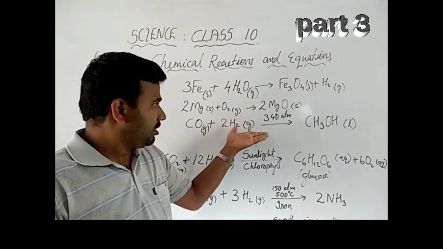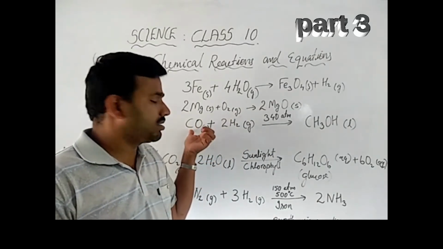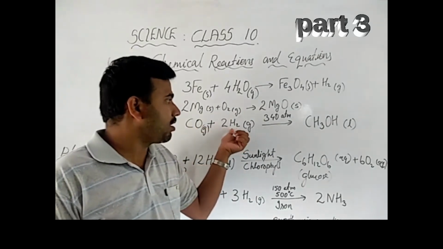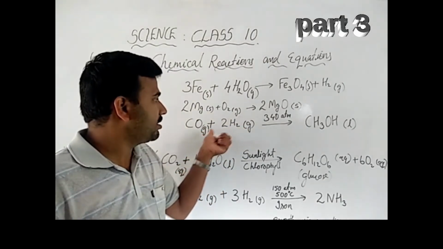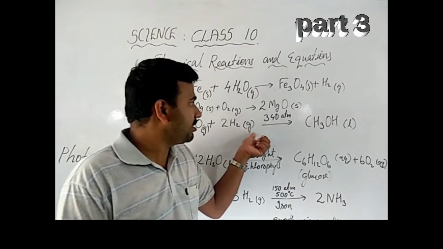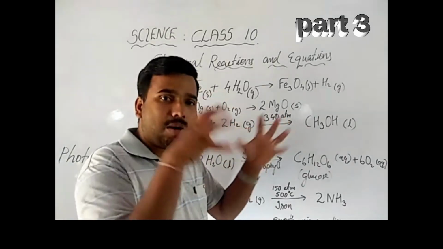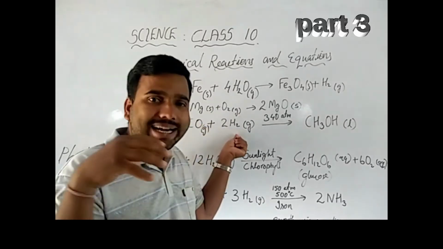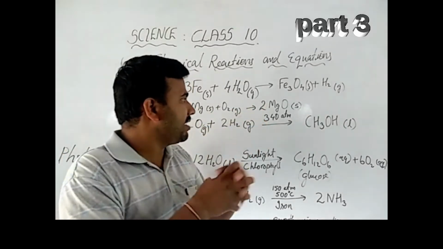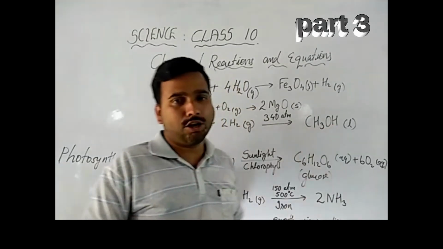Then another equation, carbon monoxide. Carbon monoxide reacts with hydrogen. See, carbon monoxide in gaseous state, hydrogen in gaseous state. So these two, the carbon monoxide compound and the hydrogen molecule, combine in order to produce methanol.